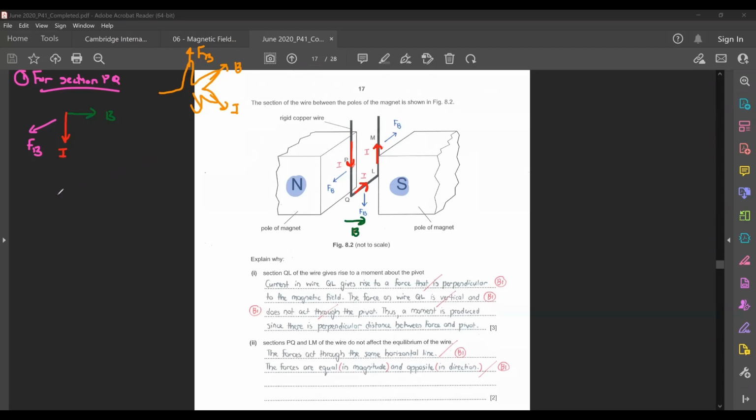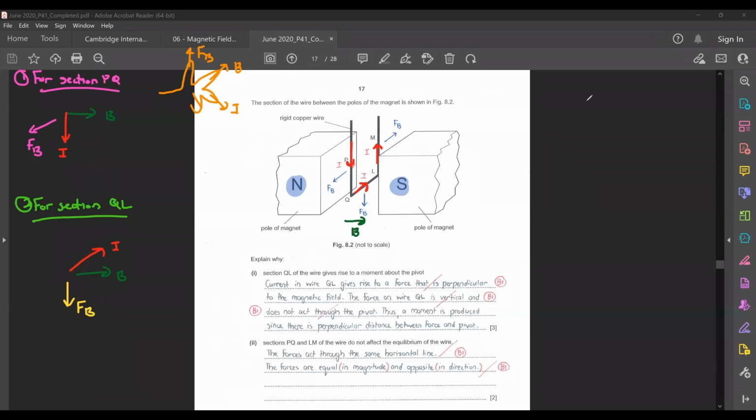Okay? And then if I move on to section QL, what I'll have would be something like this now. My current is going in this direction, but my magnetic field is going in this direction here. So this is my B, and then this one is my current. So according to Fleming's left-hand rule, my magnetic force would be acting downwards.